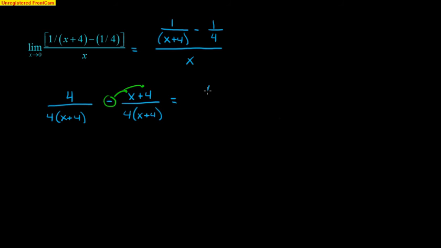So I'm going to have in the numerator 4 minus x minus 4 all over 4 times x plus 4. Alright, let's take a look what happens now. We can see we got the 4's to cancel, and we are simply left with a negative x over 4 times x plus 4.